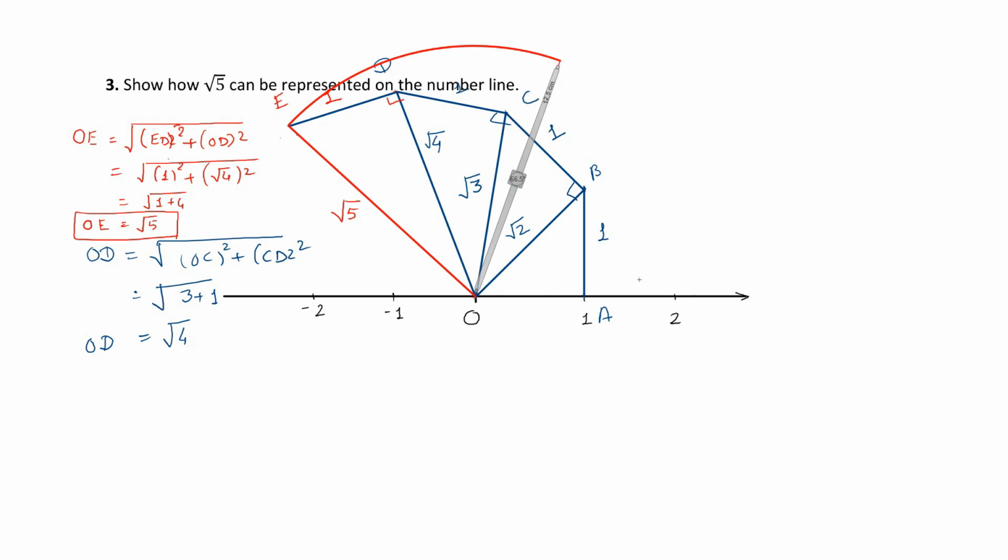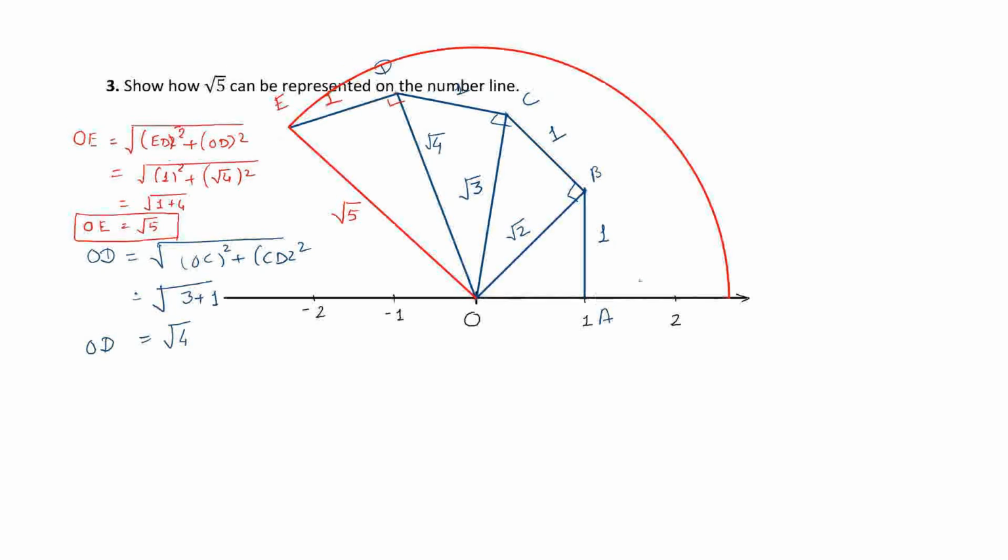It will intersect the number line at point F, and this point F will represent the square root of 5, and this length OF will be equal to the square root of 5.